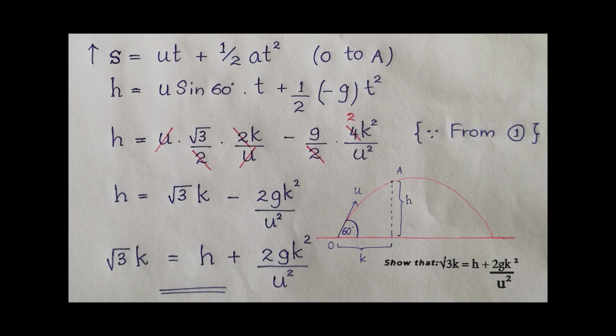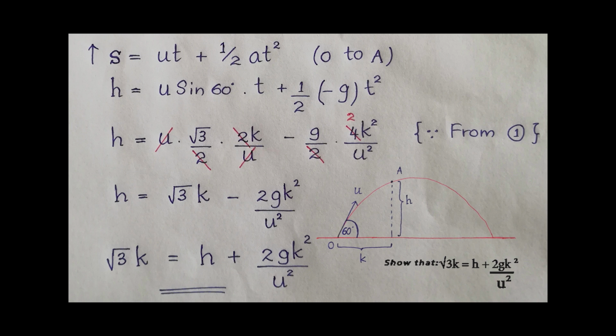Then I am going to apply the same equation now vertically upwards from O to A. Vertical displacement is h. Then the vertical component of the initial velocity is u sin 60 into time, which is the same time as the previous substitution, simply t, plus half.